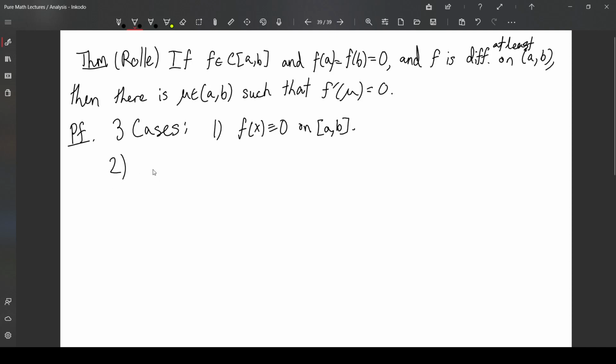The second case is if f of x is greater than 0 for some x in a b. The idea here is that you have, let's say, a and b, and your function value is 0 there, and then you have some x value where the function is greater than 0.